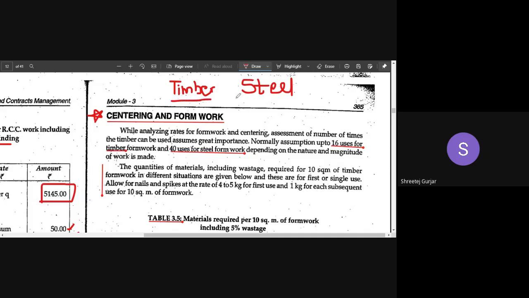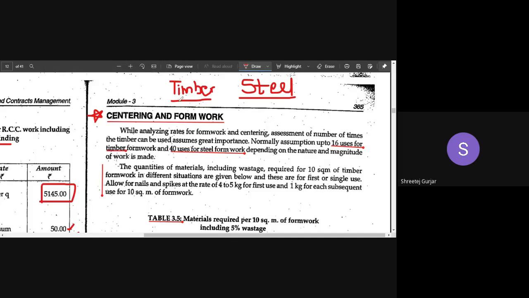There is some life for this timber and for steel. We can reuse these materials, unlike concrete and steel reinforcement, which once placed cannot be reused. But these materials can be reused many times. So what is the reuse number?